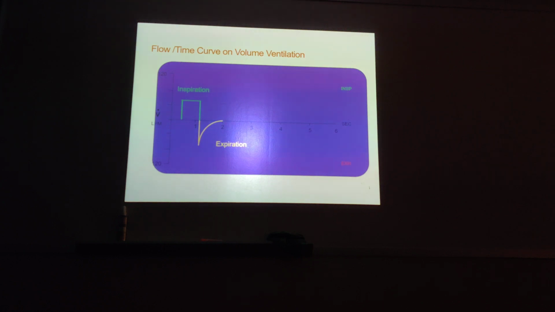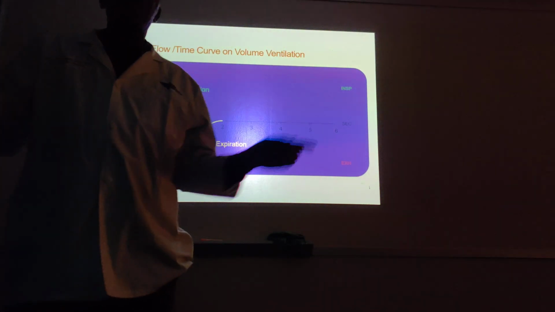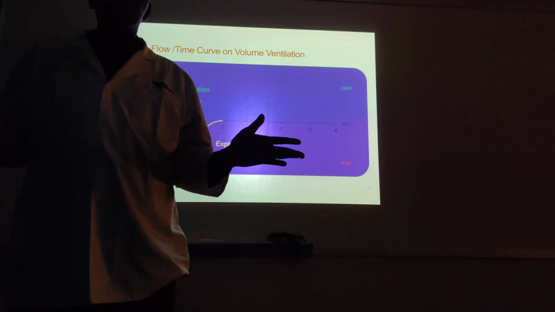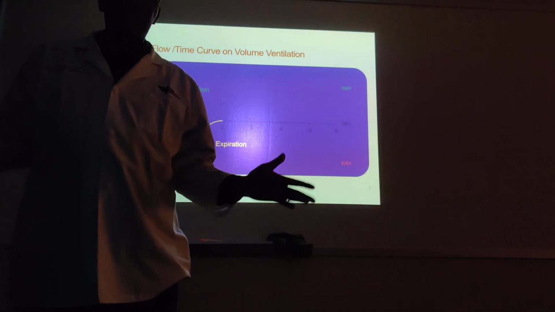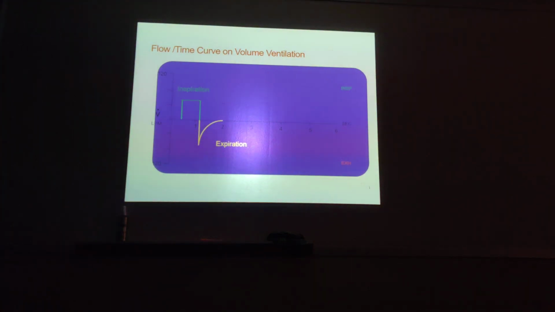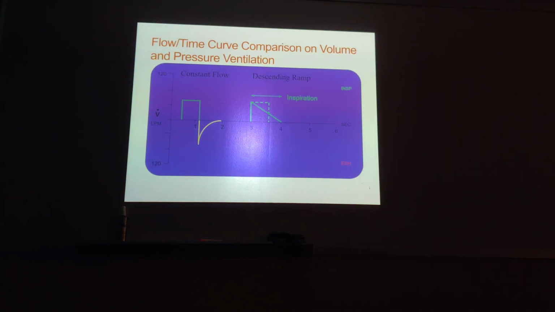But it will guarantee a constant I to E ratio. Another thing is that it doesn't promote an even distribution of air inside the lung field. The distribution of air is not as good with the constant flow pattern. Now this is the descending ramp here.